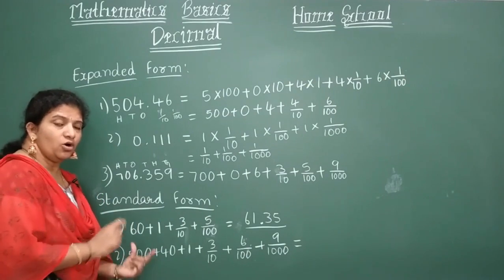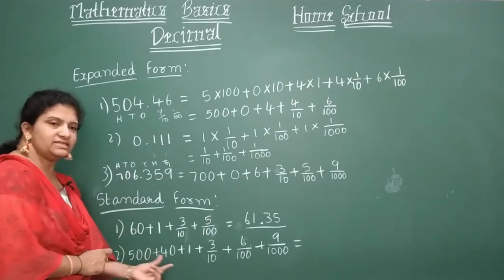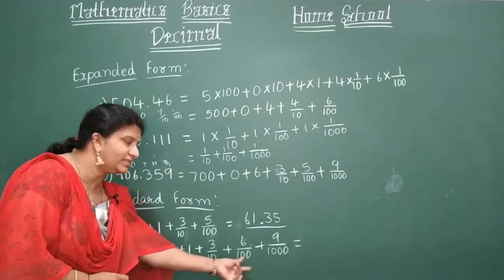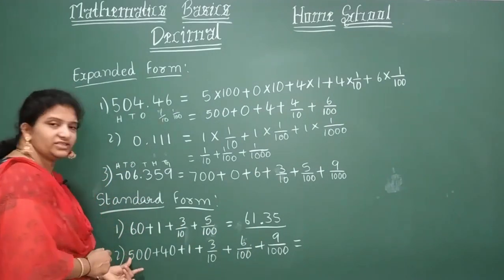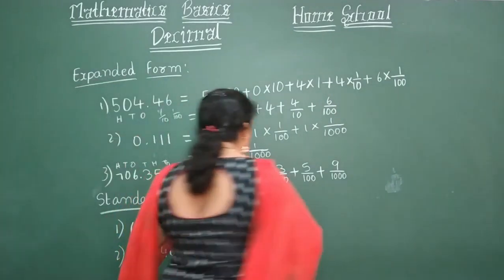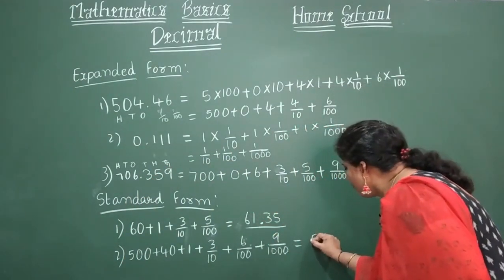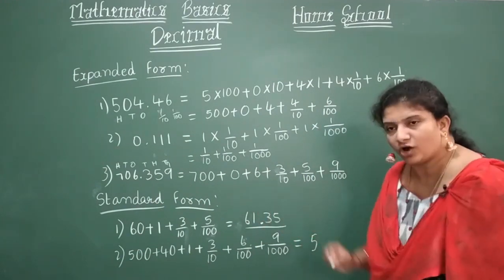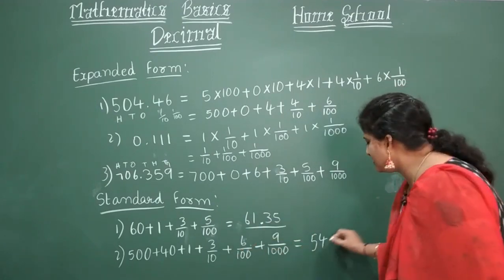So look here, next one. Your number, whole number part is up to hundreds place. Hundreds place, tens place, ones place, 10th, 100th, 1000th. So how do you write your decimal number here, children? 500. So hundreds place you have to start writing with 5. Tens place is 40. 4 into 10 is 40. So you write here 4. And your ones place is 1.